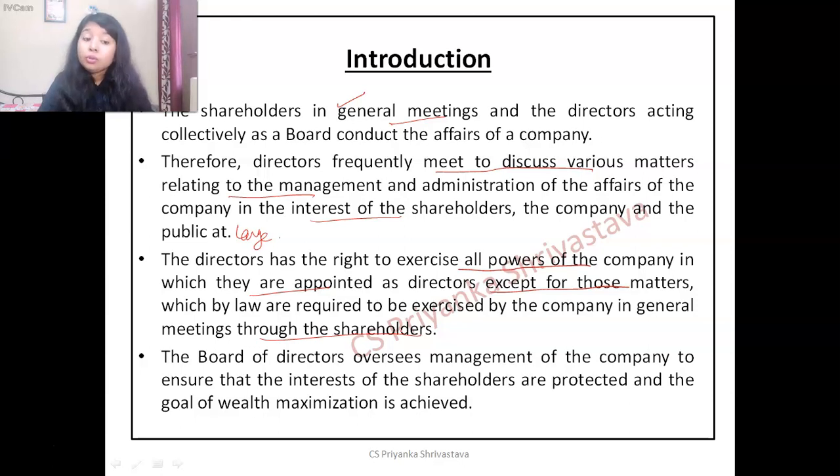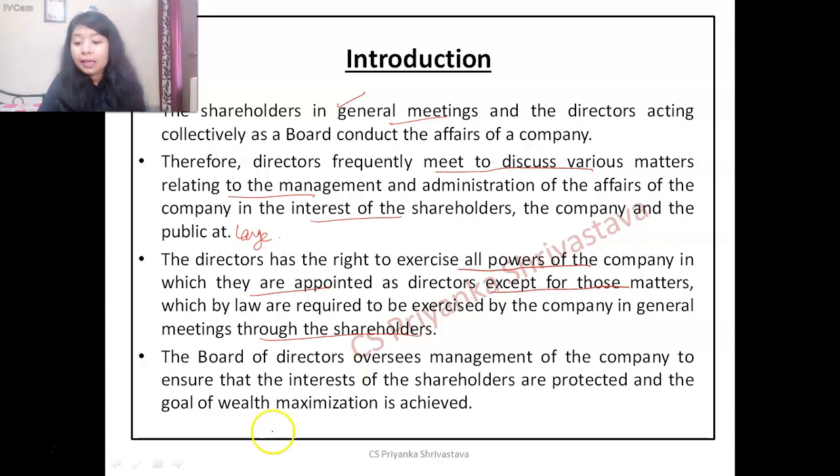Okay, so except for those matters, only those matters which are expressly mentioned in the law that will be handled by the shareholders, only those matters will be handled by the shareholders, and other than that, the rest of the matters will be considered by the board of directors, and they are in the hands of the board of directors.